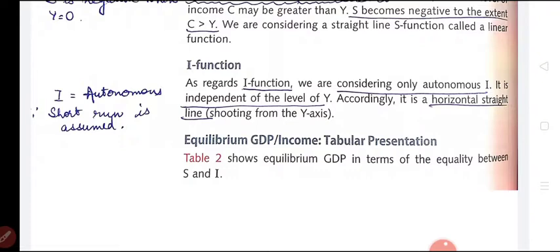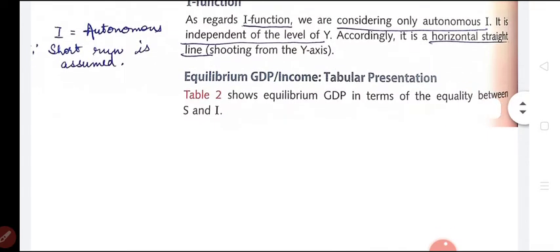We are considering I function only autonomous, that is independent of Y. Whatever is the level of income in the economy, it is not going to affect the level of investment, since this is short run and producers are not increasing any type of capital good. They are not investing anything here. So this I function, that is autonomous investment, will be horizontal to x axis and will shoot from y axis.